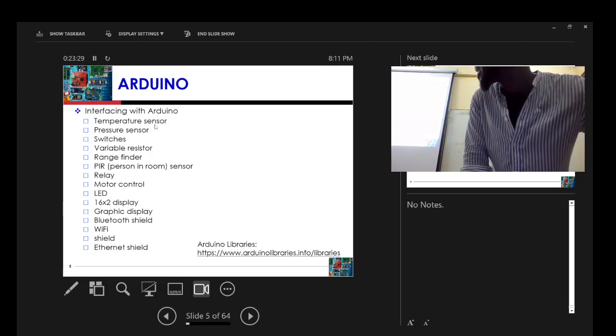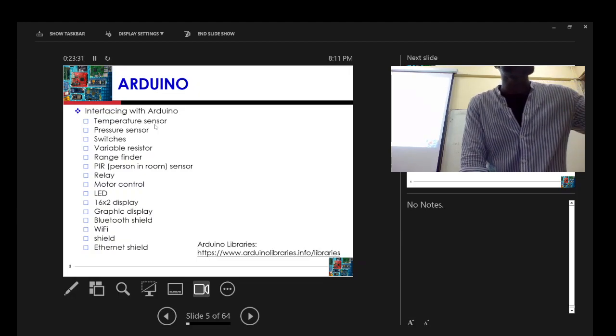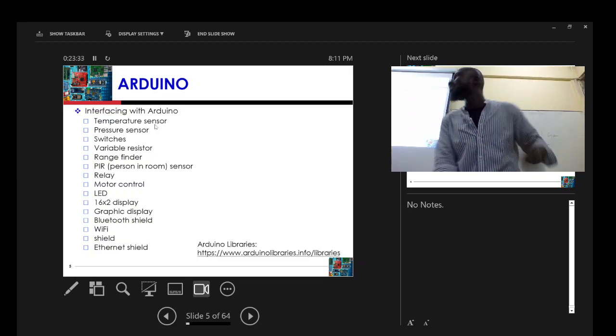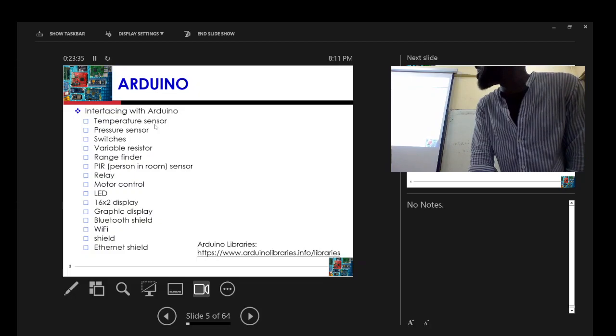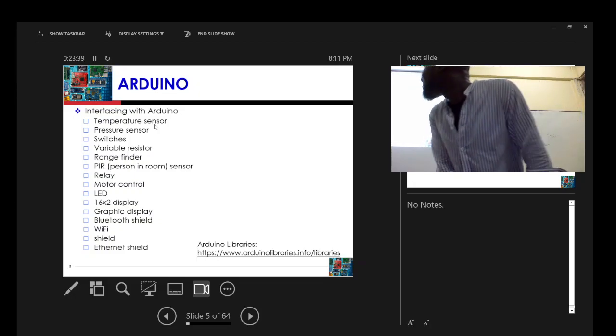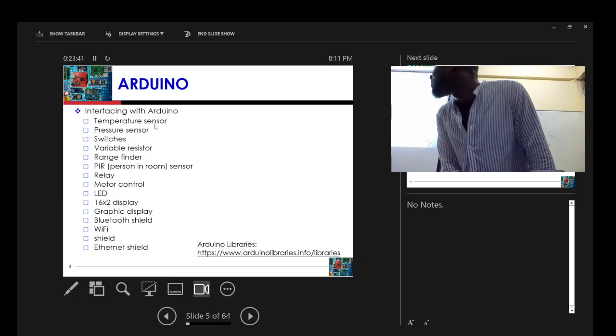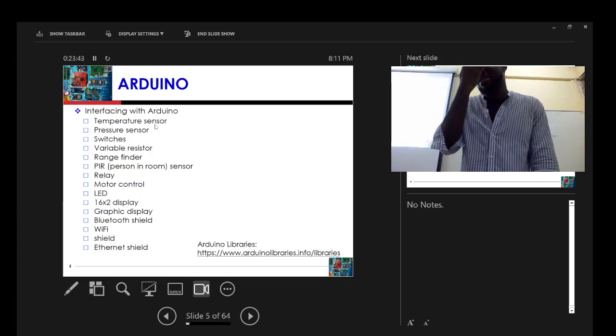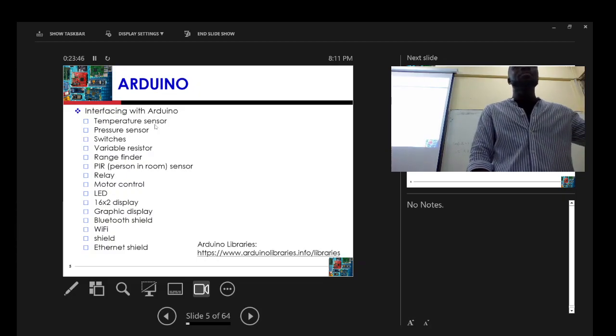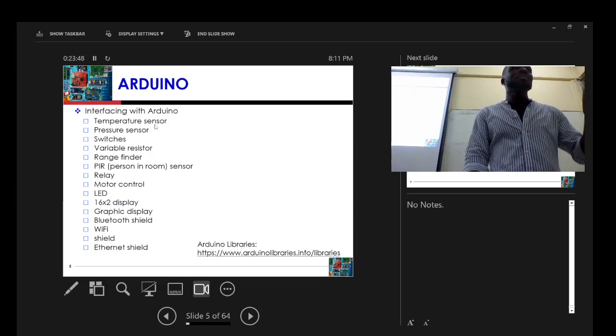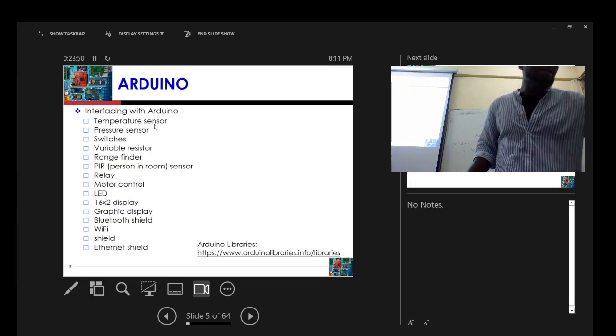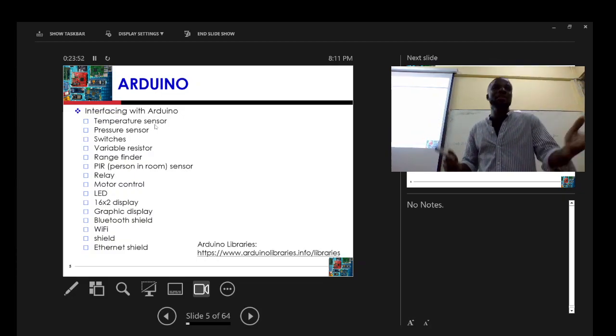Specifically on this Arduino board, we have sensors like the pressure sensor, temperature sensor, switches, and a person-in-room sensor that can sense a person within this room. So it has many sensors that we can interface with the board.